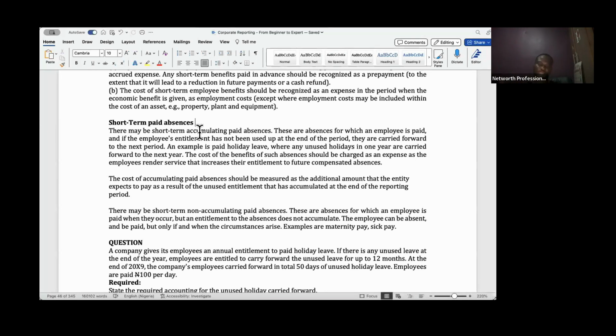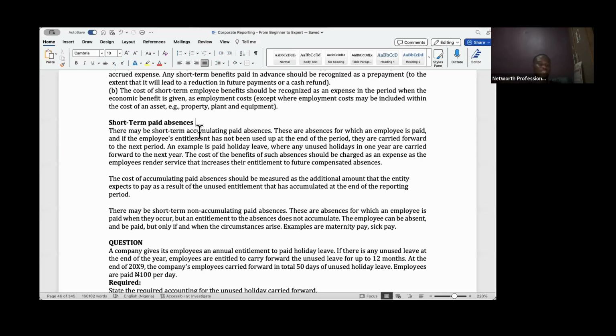The way that is accounted for depends on the policy the employer adopts. If it is a policy whereby if you don't go on leave, you will not get the money, and you will lose it, we say that is a non-cumulating paid absence.